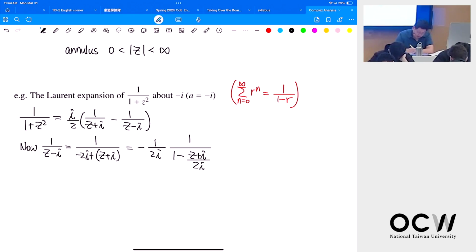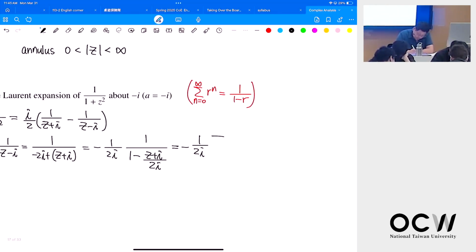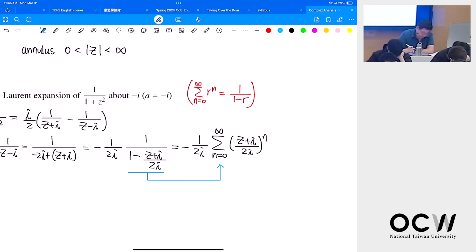And this is a ratio, then we can write a summation. 1 over 1 minus r will be the summation n from 0 to infinity of the ratio to the nth, z plus I divided by 2I to the n. For this part, once you get the summation, that means your ratio should be less than 1: the magnitude of z plus I divided by 2I should be less than 1.